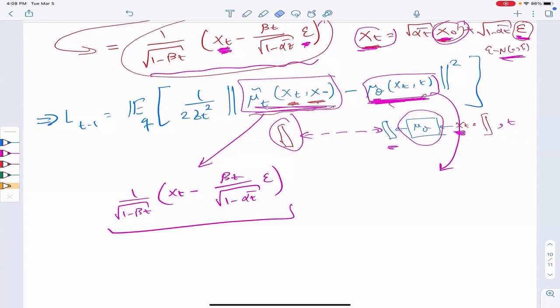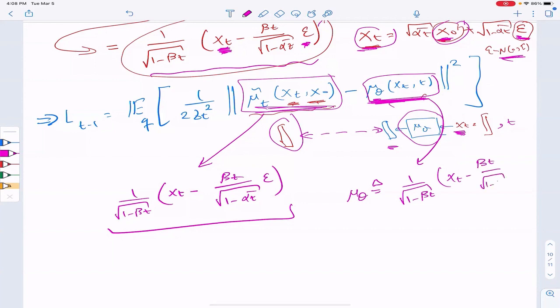So maybe I can define my mu theta as the following, because the design choice is in my hand: 1 over square root of 1 minus beta t, times xt minus beta t over square root of 1 minus alpha t bar times epsilon theta of xt and t.